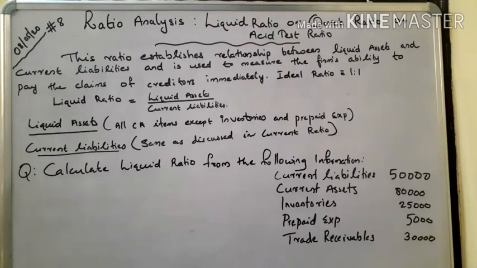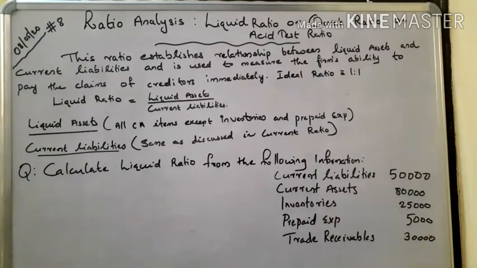There are two types of liquidity ratios, that is current ratio and liquid ratio or quick ratio. The current ratio shows the relationship between current assets and current liabilities, but the liquid ratio shows the relationship between liquid assets and current liabilities.